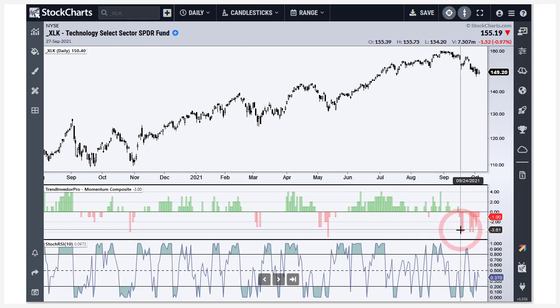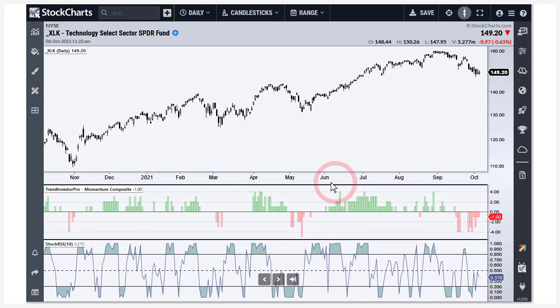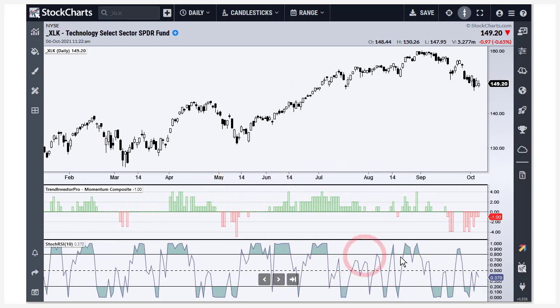In other words, this is the most oversold XLK has been in over a year. And those oversold conditions tell you that downside pressure was pretty strong in late September and into early October. Actually, it's just late September there. And so that tells me that maybe we're going to have a more extended correction. And if that happens, that's going to weigh on the broader market because of XLK's weighting.